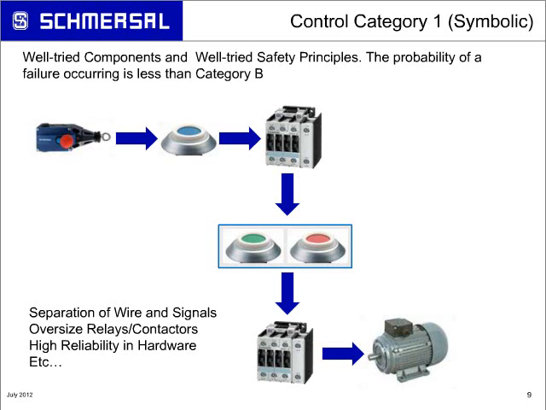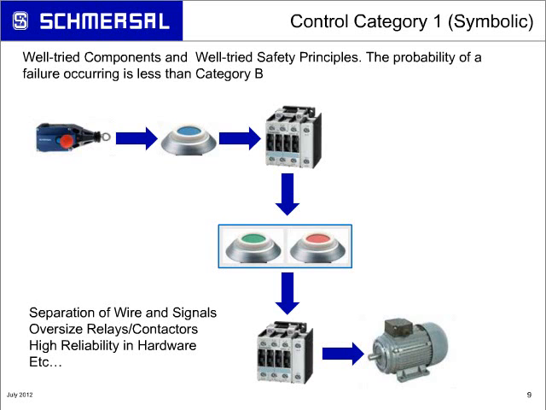The main difference does come into selection of components and how things are wired up. You see at the top there, we state well-tried components and well-tried safety principles. The concept of a category 1 over a category B is you're trying to reduce or eliminate some of what's referred to as the common cause failures of a machine.